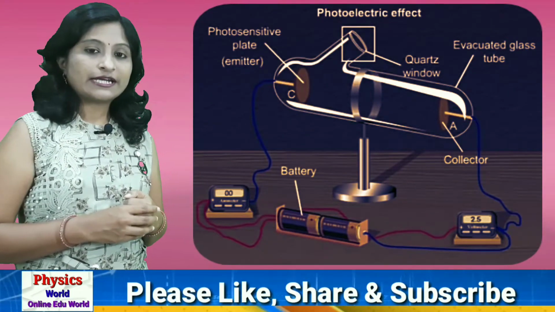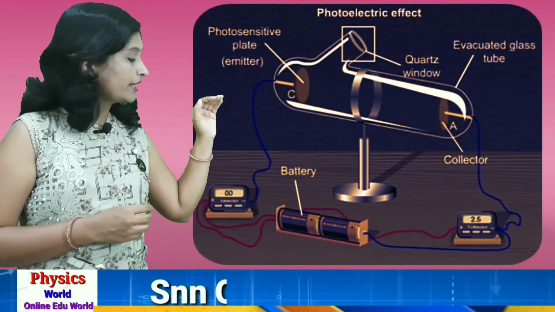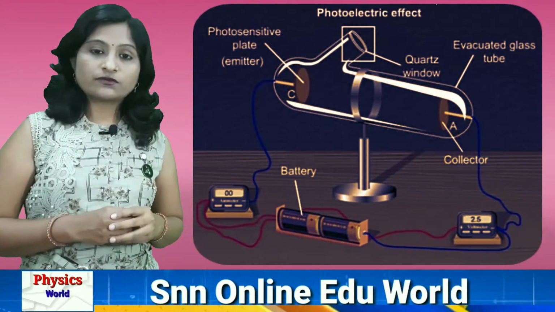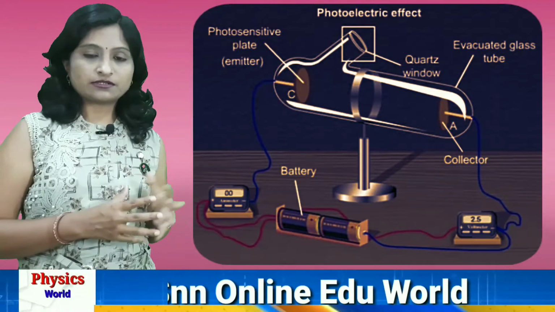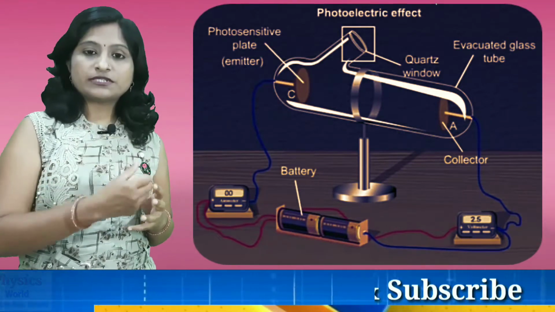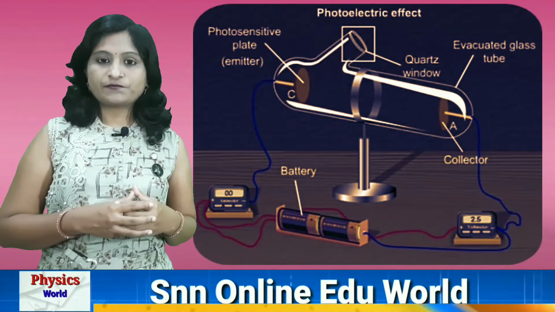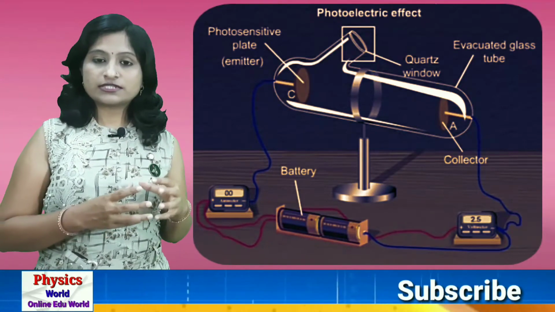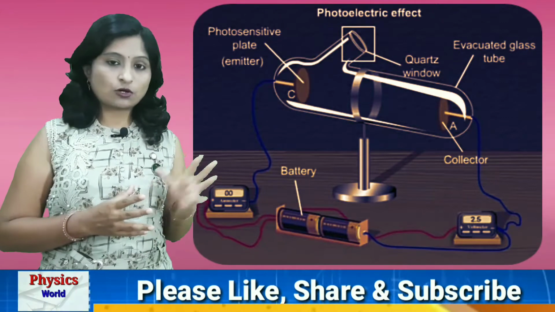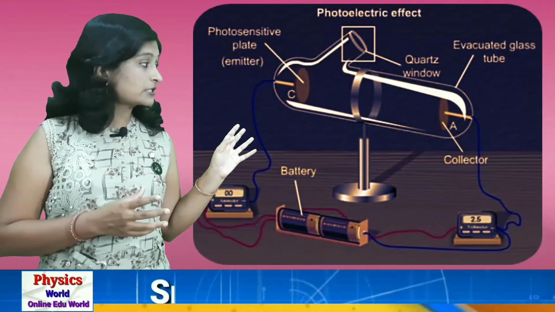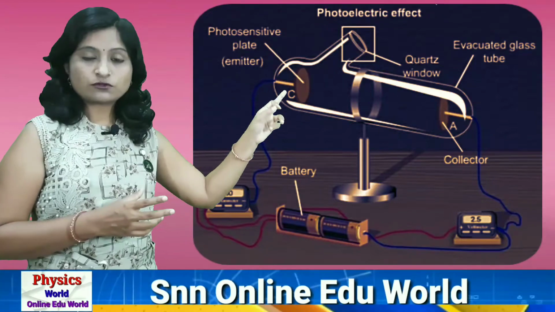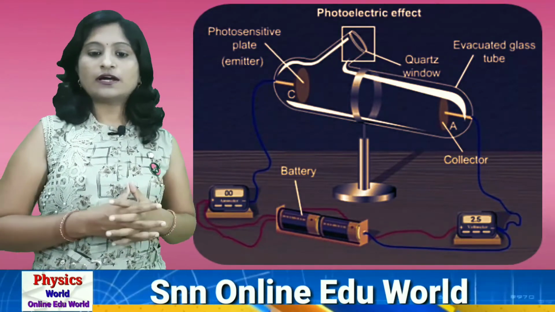The cathode absorbs this light energy and the electrons are emitted. So this is the construction, the experimental setup, that we observe first.